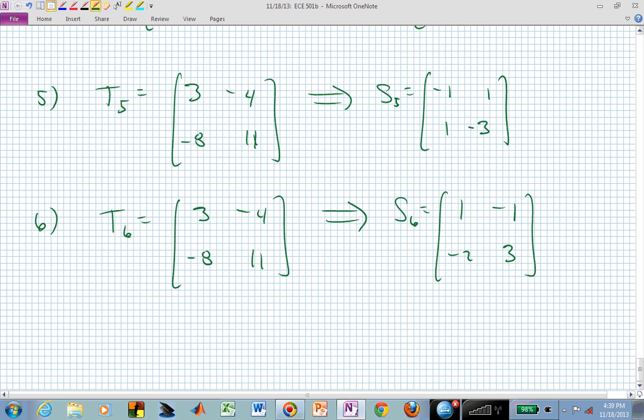Now S5 I wrote down wrong. Does that look a little bit better? So now S5 better be, my notes are all over the page, so hopefully they get copied down a little bit better once I get to where you're seeing them.